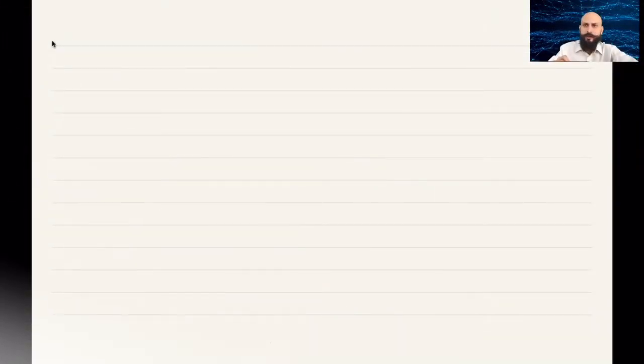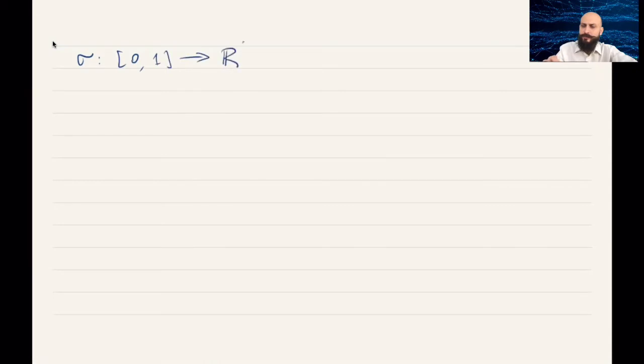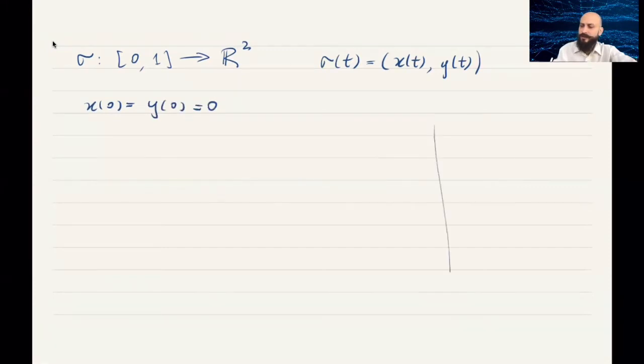We start with a curve sigma in R^2. So sigma(t) has coordinates (x(t), y(t)), and let's say that x(0) = y(0) = 0. So the curve starts from the origin in the plane.